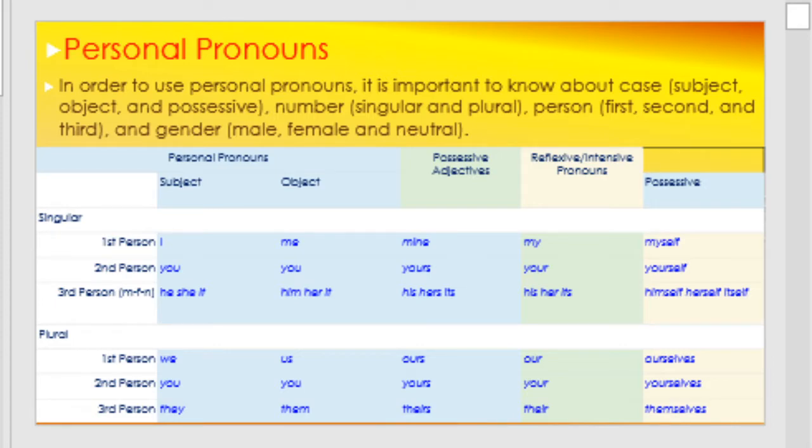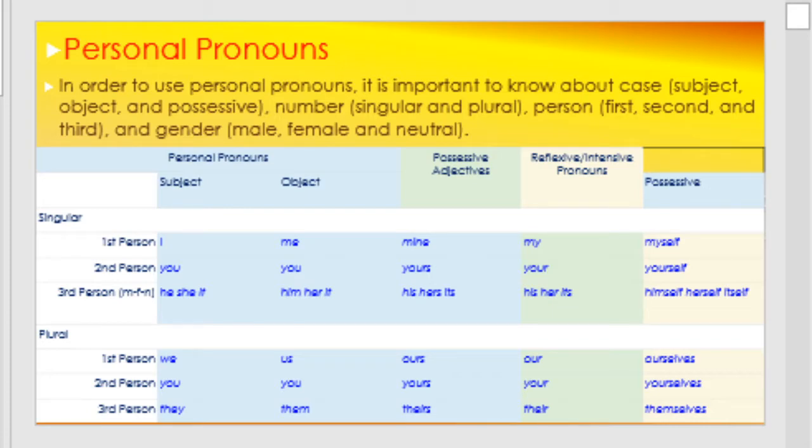Next, we also have the third person: he, she, it, him, her, it, his, hers, its, himself, herself, itself. For plural, they, them, their, themselves.